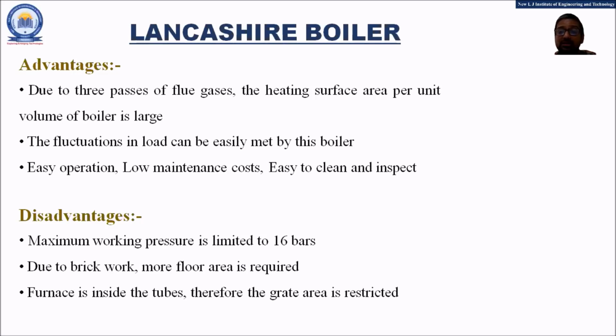And also, we have seen the boiler shell is of horizontal design, so it is but obvious it will require more floor area. The furnace is situated inside the tubes, the MF tube. Therefore, the grate area is also restricted. So these are the different advantages and disadvantages of the Lancashire boiler.